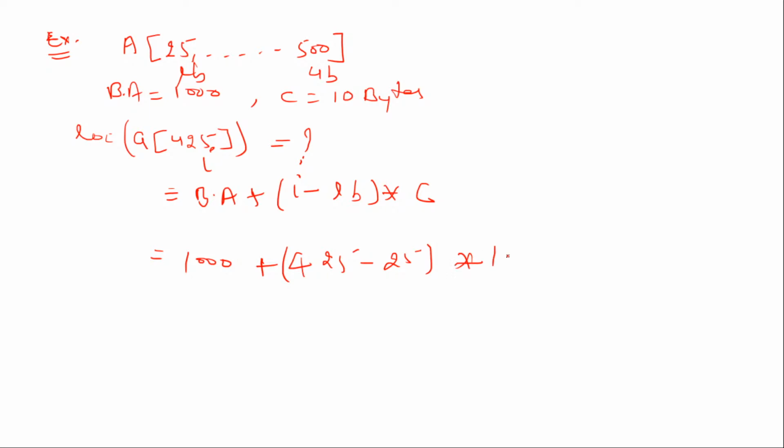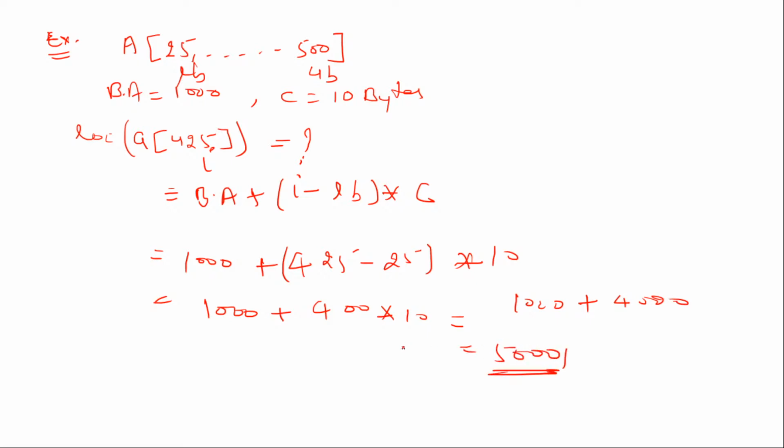And the size is 10, right? So it would be 1000 plus 400 into 10. 1000 plus 4000, it would be 5000. So this is the answer of this question. 5000 is the address, right, at index value 425.